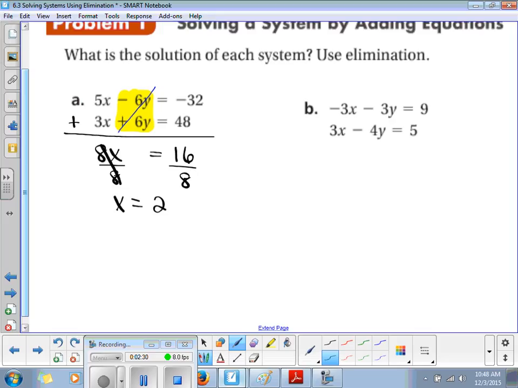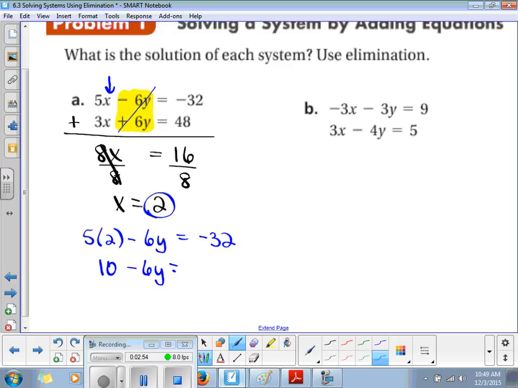Now we're going to take this 2, and what do you think we're going to do? Put it in for x. So I'll put it in to the original one. So we have 5 times 2 minus 6y is equal to negative 32. And now we just solve for y. So we've got 10 minus 6y is equal to negative 32.